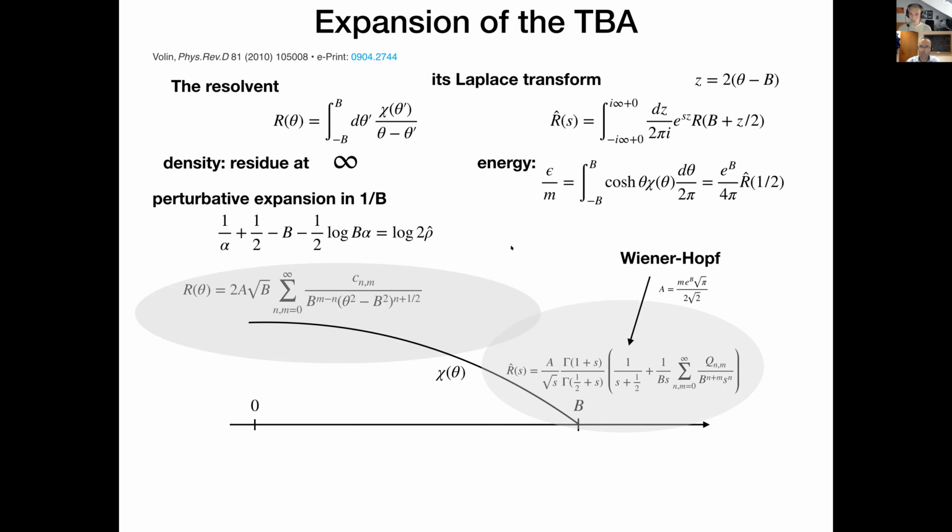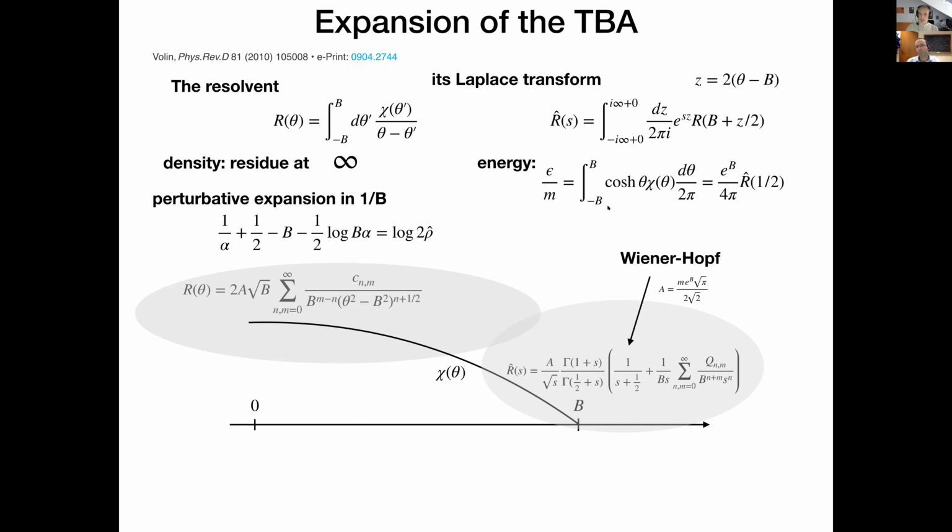But to show what I'm actually neglecting, I can show. So let's take this energy, for example, which you integrate from minus b to b. Can you see? It's here. Then let's shift the variable to z, which is twice theta minus b.